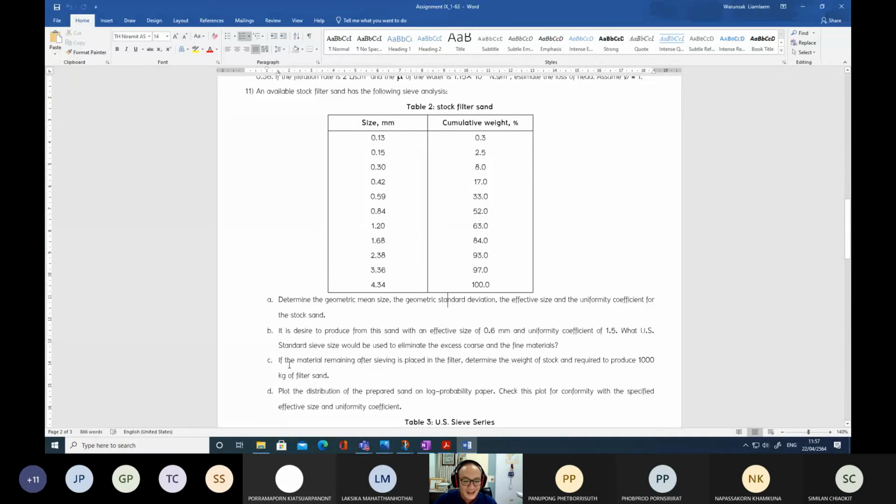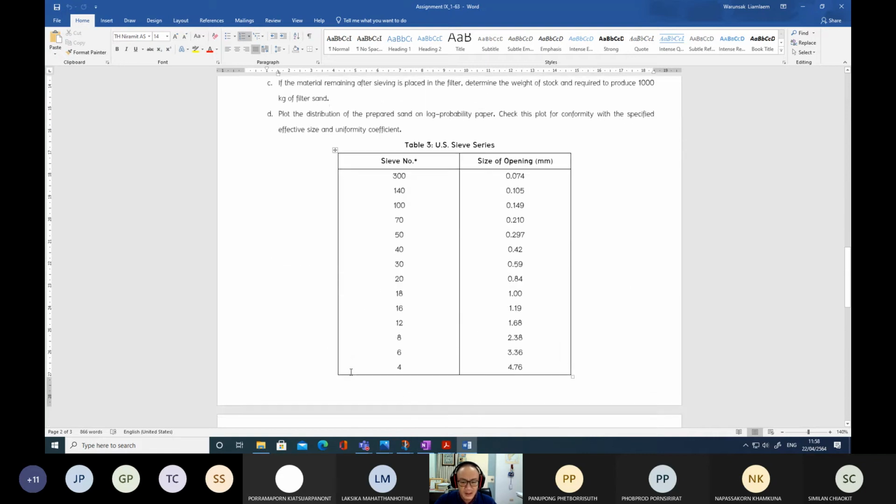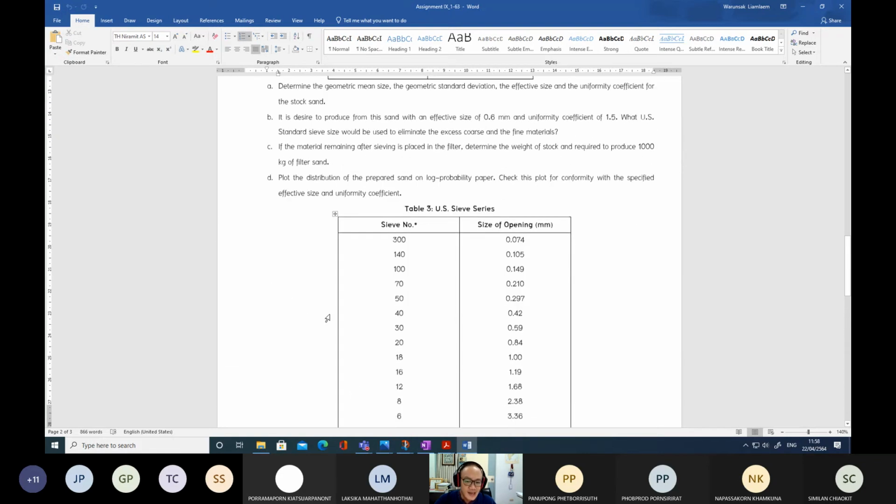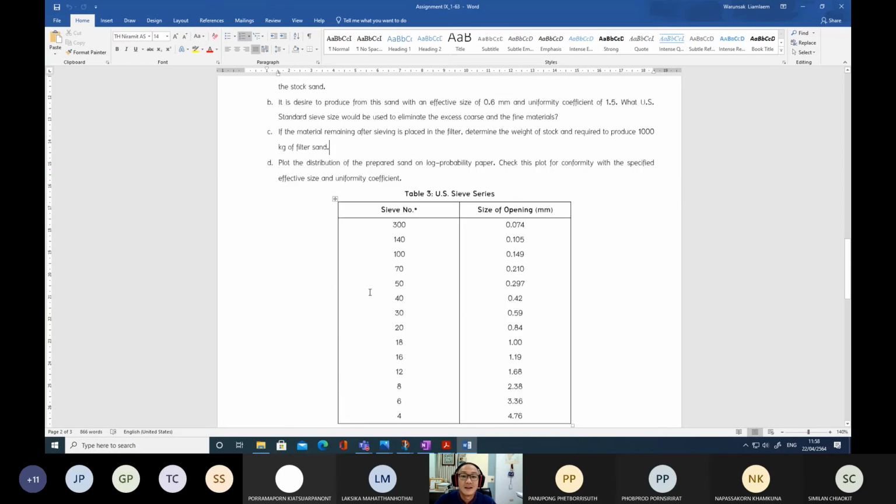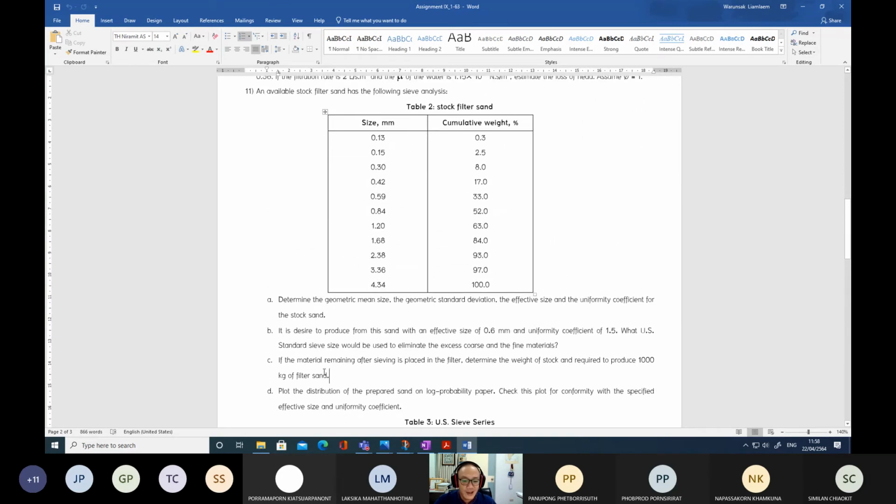The next question is, if we want 1,000 kilograms of sand to be put in the filters, how much do we have to prepare? How many kilograms of the natural sands will be required? This is question C, and there are some extra questions D, E and F. So basically, these are the questions, and this is probably the solutions.